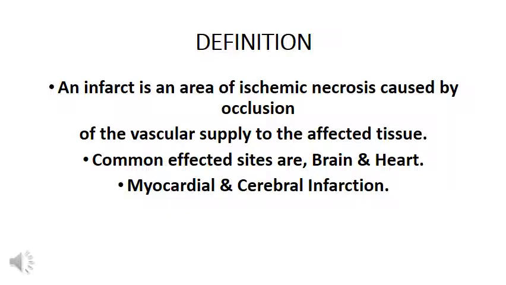If there is occlusion or obstruction at any place in a blood vessel, then the next tissue becomes hypoxic and ischemic, or suffers from a deficiency of blood, nutrients, or oxygen. So the tissue becomes necrosed and damaged.